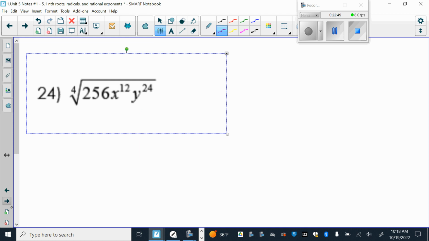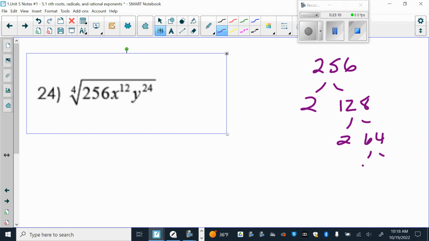And finally, number 24. Let's break down 256. So 256 is divisible by 2. That goes in 128 times. That's divisible by 2. Goes in 64 times. 2, 32, 2, 16.